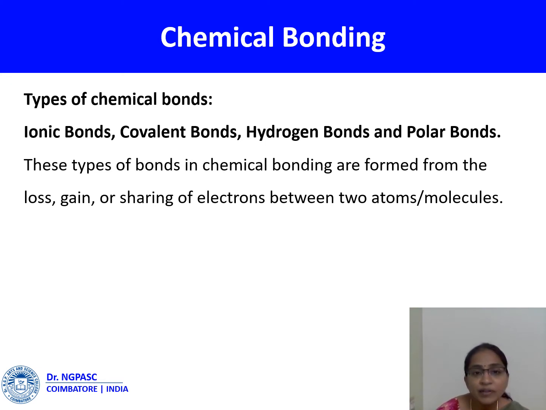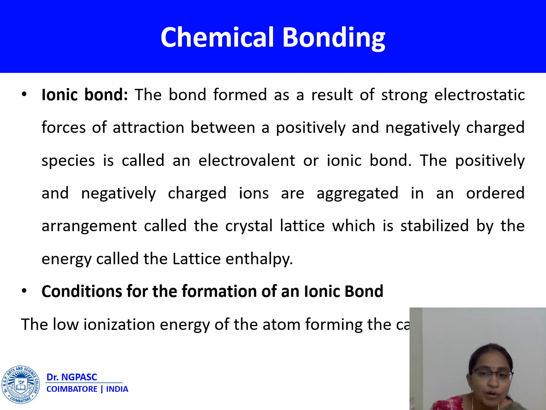Types of chemical bonds. Mainly chemical bonds are classified into four types: ionic bonds, covalent bonds, hydrogen bonds, and polar bonds. These types of bonds are formed from the loss, gain, or sharing of electrons between two atoms or molecules.